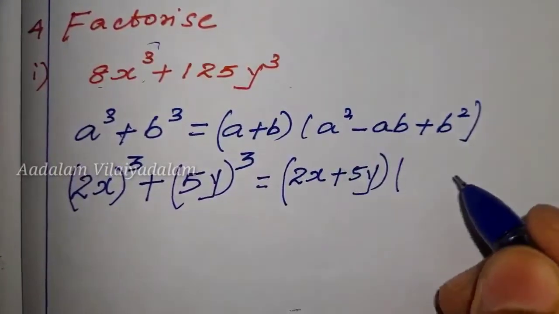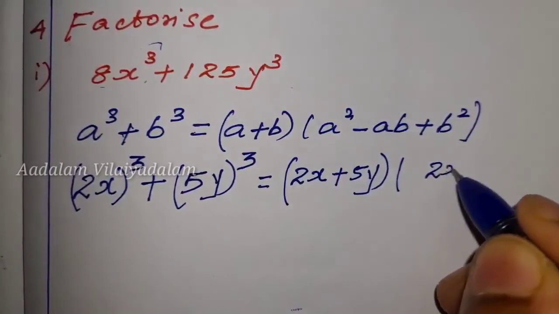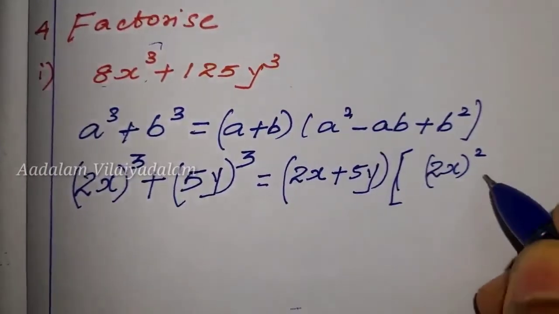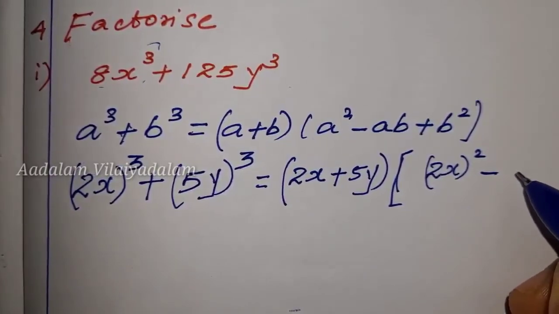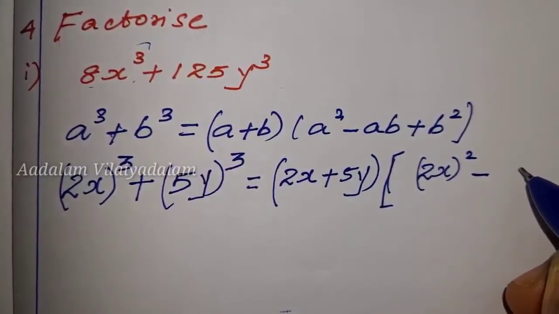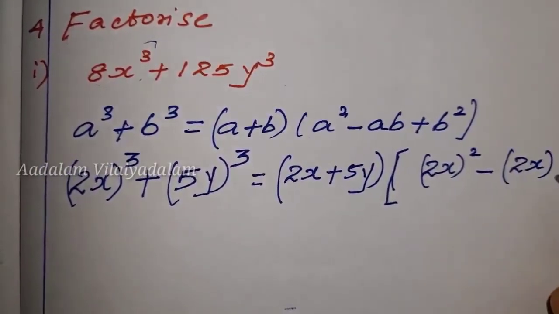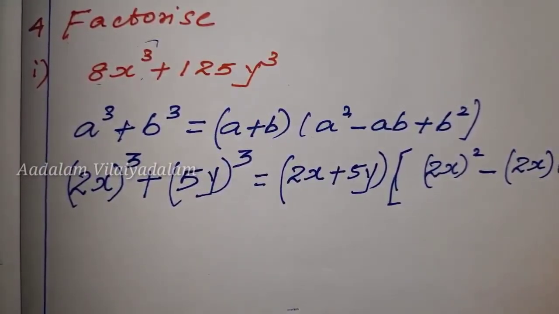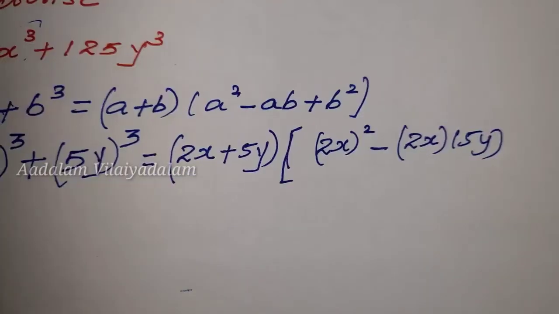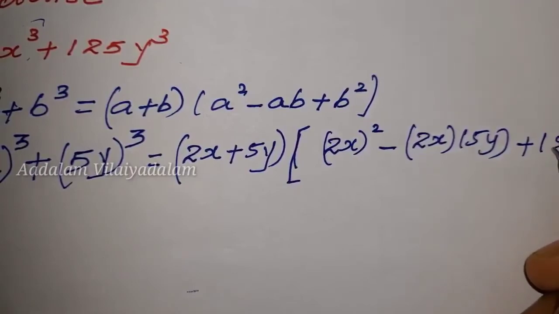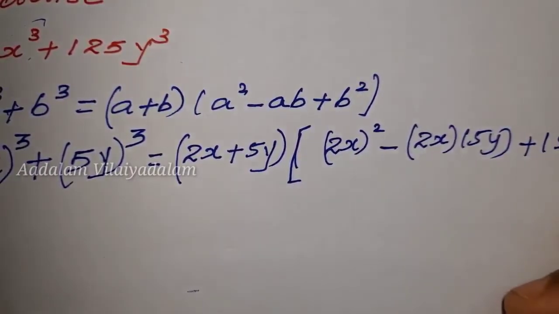Next a square, that is 2x the whole square, minus ab, here a is 2x, b is 5y, plus b square, 5y the whole square.